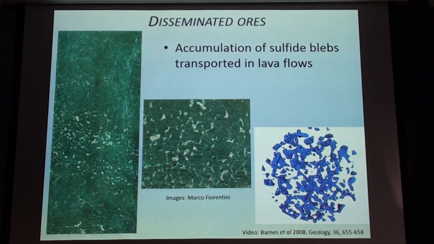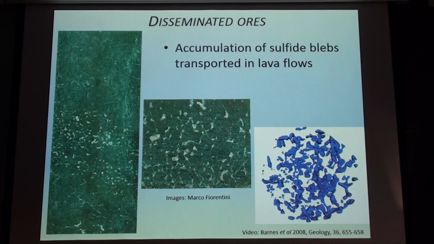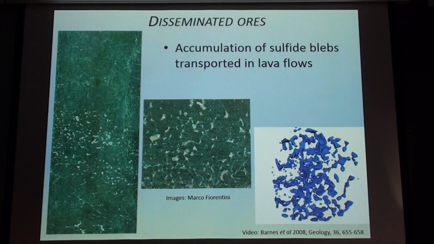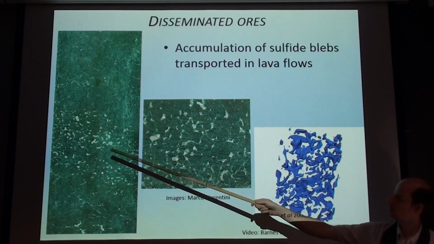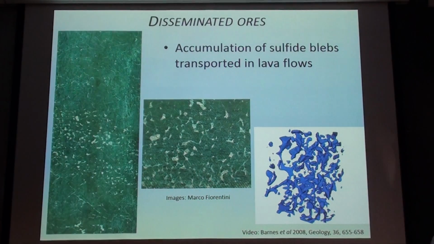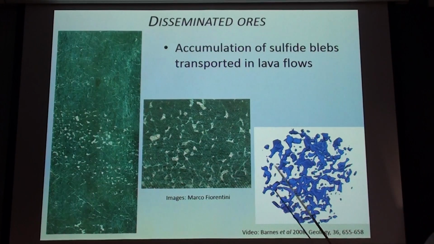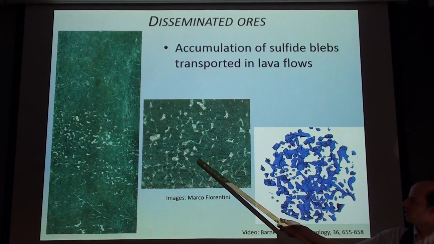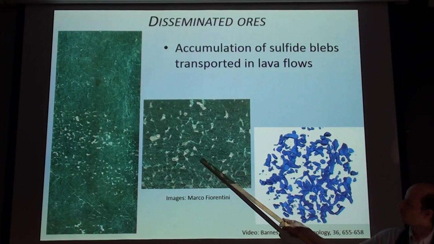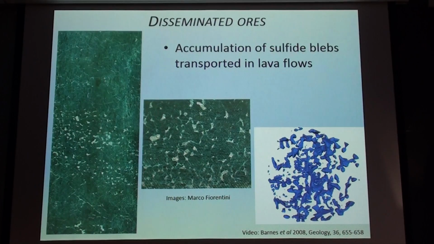Or alternatively, sulfides or oxides can occur as disseminated ores. And this is a section through a lava flow with the golden blebs being sulfides. Here is just an enlargement of that. So basically the sulfides occur in between silicate minerals, in this case serpentinized olivines.